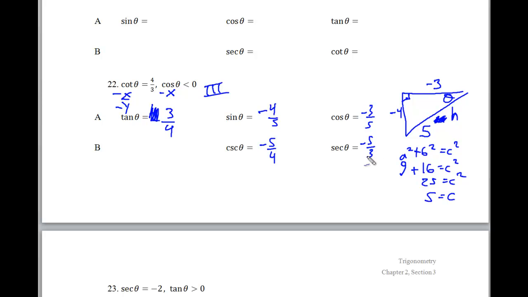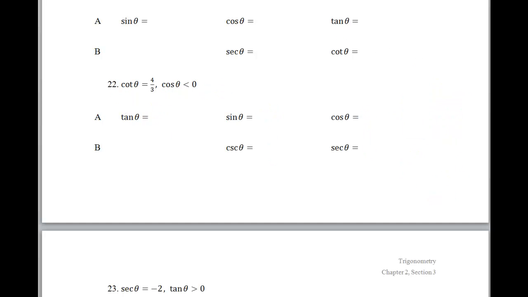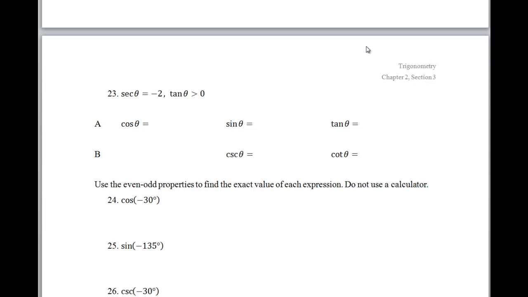Okay, so for our final problem of this worksheet, we get to tangent being greater than 0. With tangent being greater than 0, my y over x both have to be positive, so I'm either in the first quadrant or in the third quadrant, because I can have -y over -x.